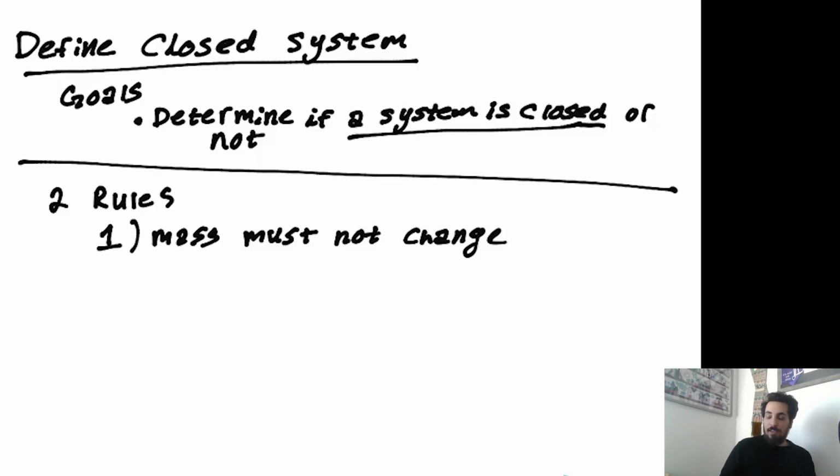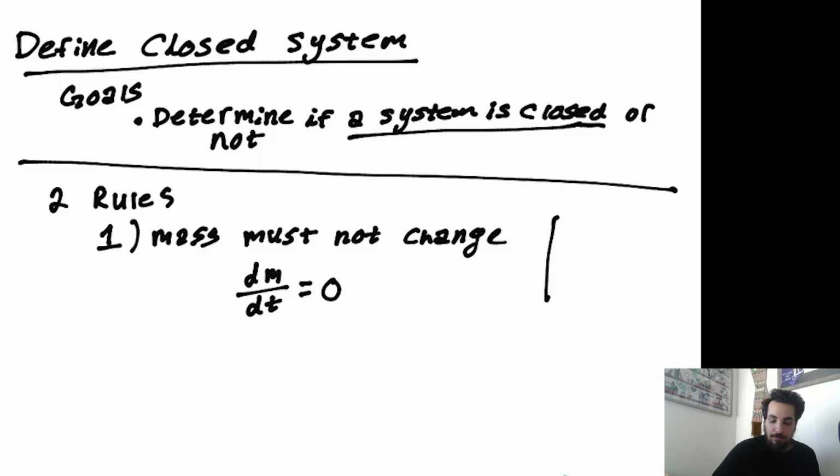If we'd like to use this sort of calculus definition, let's introduce a little bit of calculus. We take the derivative of mass with respect to time. This is the rate of change of mass. The rate of change of mass should equal 0. So we should get no rate of change of mass.